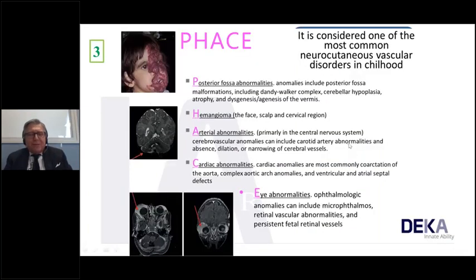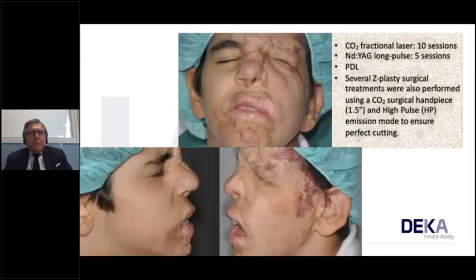Sturge-Weber syndrome is very meaningful. The name is Sylvia, and this syndrome is considered one of the most common neurocutaneous vascular disorders in childhood. We used a lot of lasers in the treatment of this girl, and several Z-plasty surgical treatments were also performed using CO2 surgical handpieces in high pulse mode.